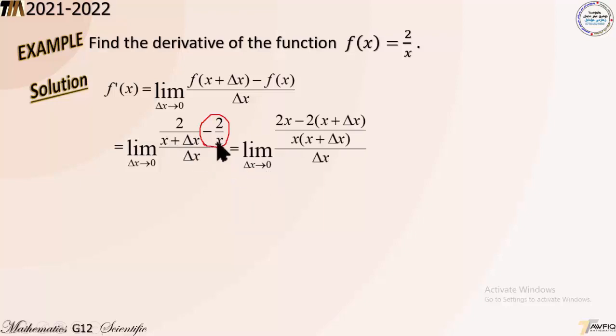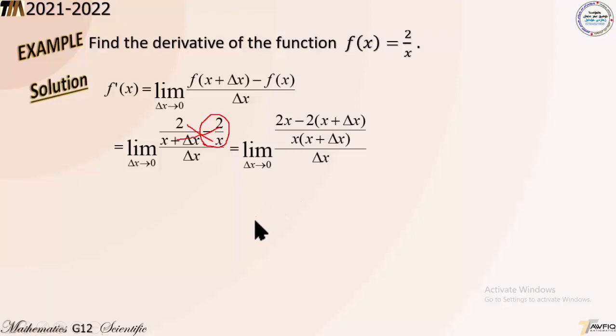We are going to make a common denominator by multiplying x times x plus delta x, and then multiply 2 times x and 2 times x plus delta x, which becomes 2x minus 2 times x plus delta x.